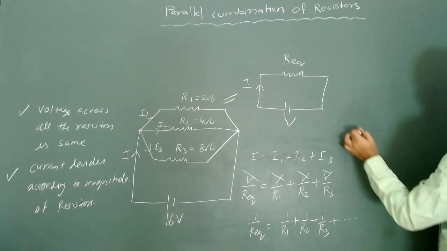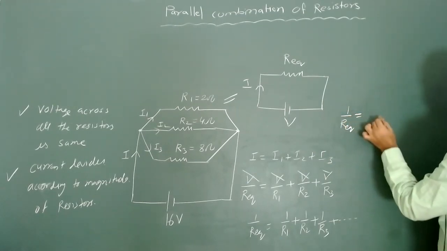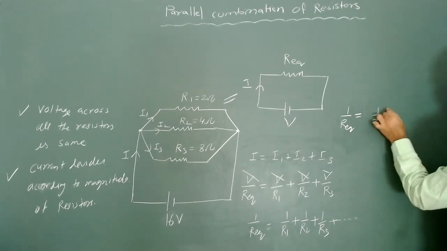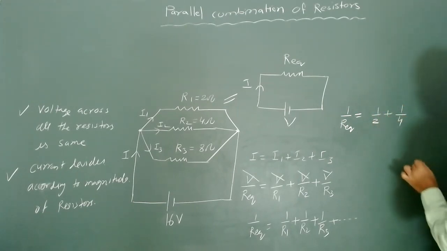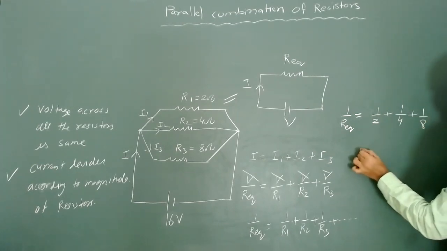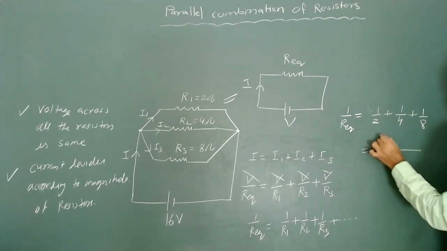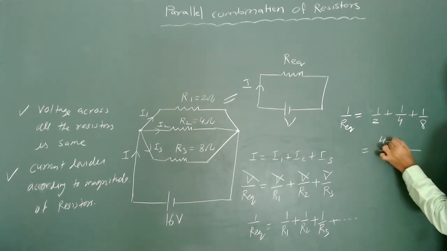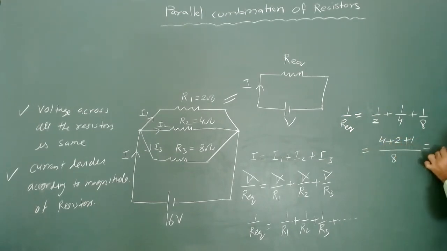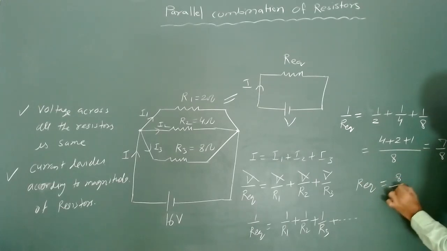Let me calculate. 1 upon R equivalent will be 1 by 2 plus 1 by 4 plus 1 by 8. Taking 8 as common denominator, this will be 4 plus 2 plus 1, that is 7 by 8. So R equivalent will be 8 by 7 ohm.